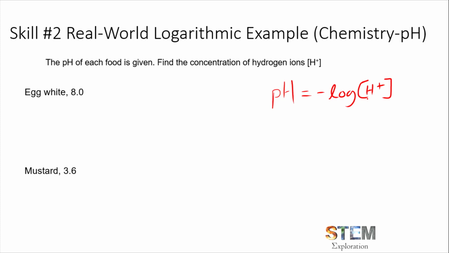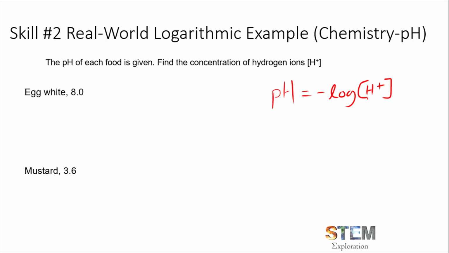Okay, so you take that ratio and then it tells you what the relative concentration is. And so if you want to know the concentration of hydrogen ions in egg white, all right, we're just talking about moles of H plus per liter of solution.